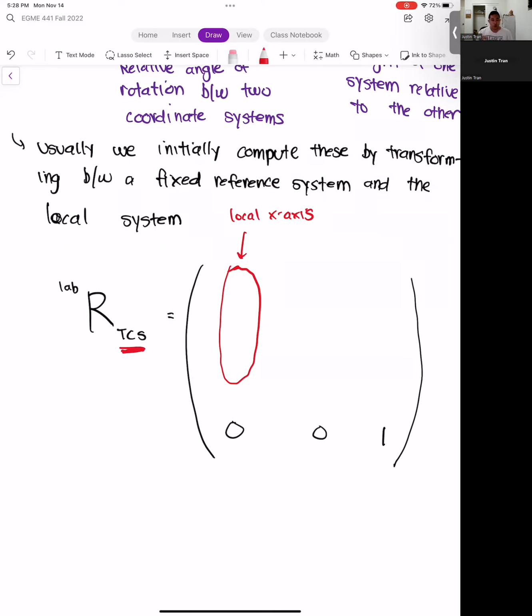The reason we use the fixed frame is that when you're defining local axes, it's a lot easier to use a fixed frame compared to a local frame like another ACS. So usually we first establish them relative to the lab.